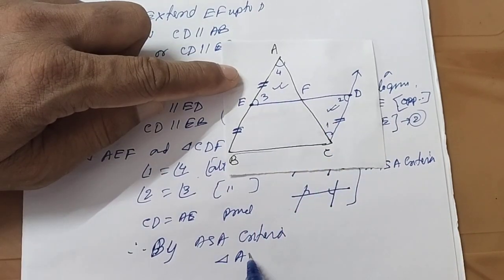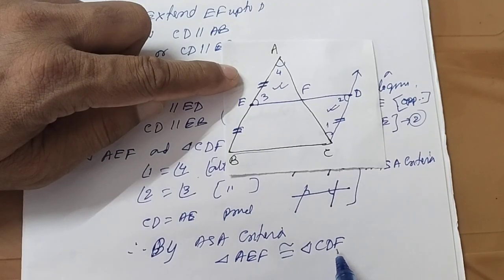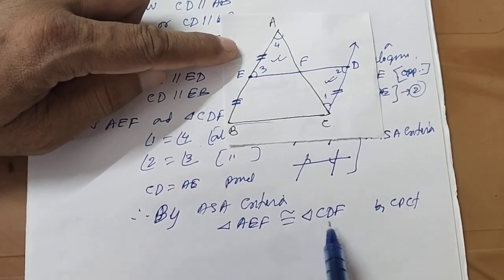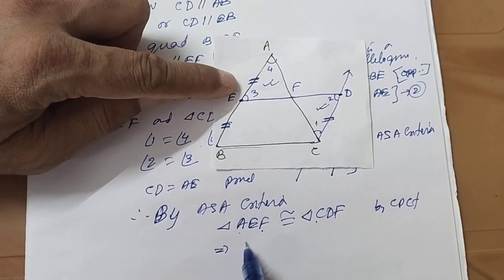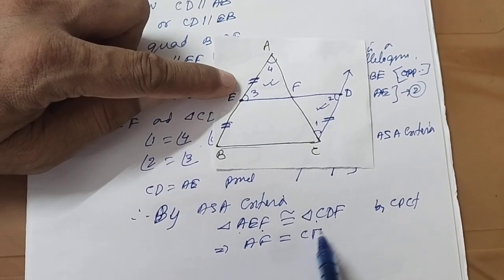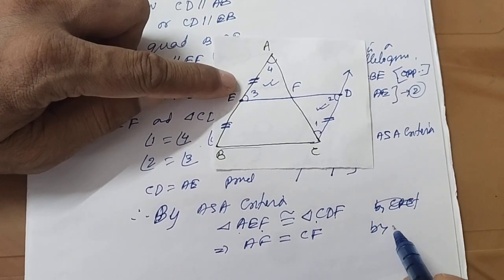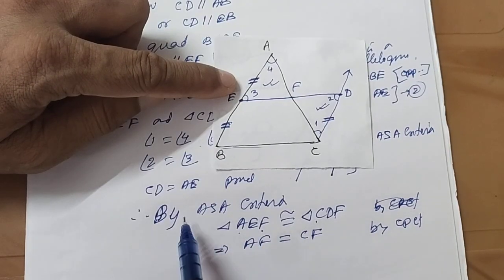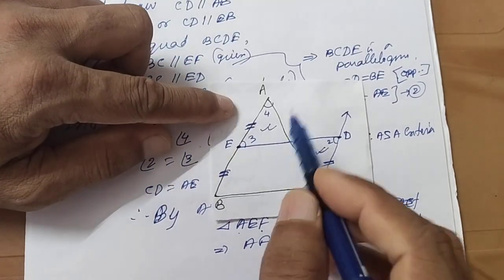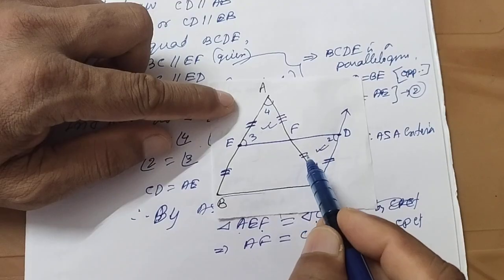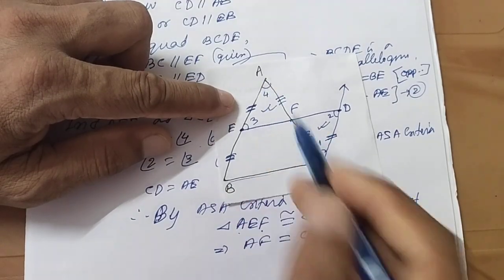That means triangle AEF is congruent to triangle CDF. If the triangles are congruent, then we can say AF equals CF by CPCT. Triangles are congruent by the angle side angle criterion and their corresponding sides are equal by CPCT. We have proved AF equals CF, that means F is the midpoint of AC.